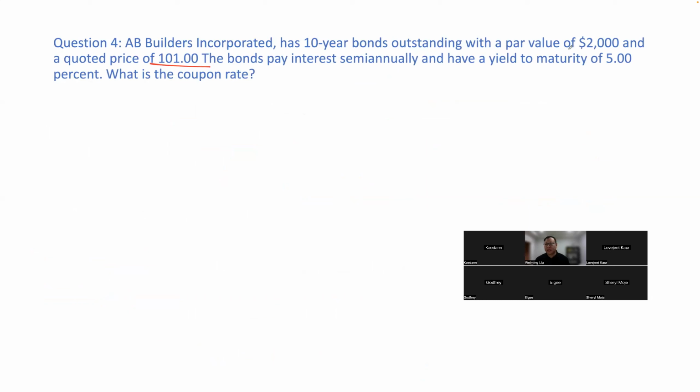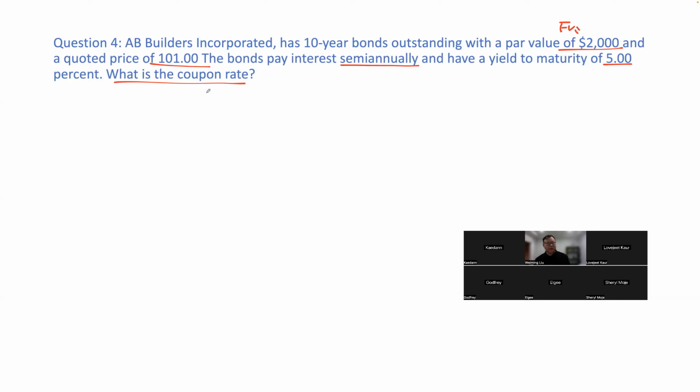So this is the face value, and the price is at 101%. The bond pays interest semi-annually, with a yield to maturity of 5%. What is the coupon rate?